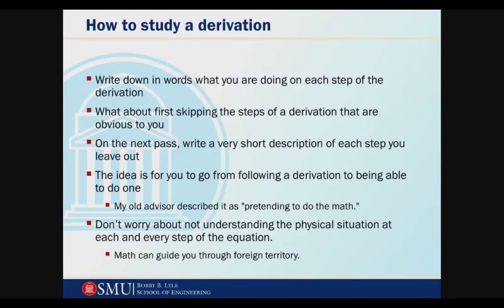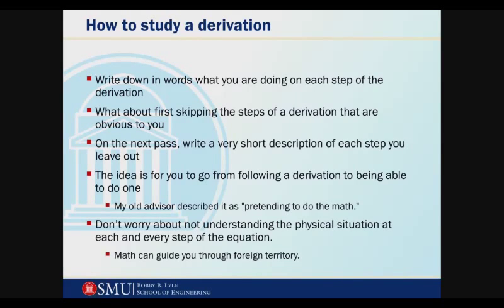What about skipping steps when you've studied the derivation, when you want to commit it to memory, you want to understand it better? Why don't you take a look at the equations and just line out the steps of the derivation that are obvious to you. And then on the next pass, fill in those steps with a very short description of what you're leaving out. The idea is to go from following a derivation to doing it.